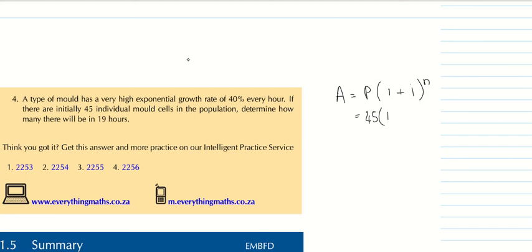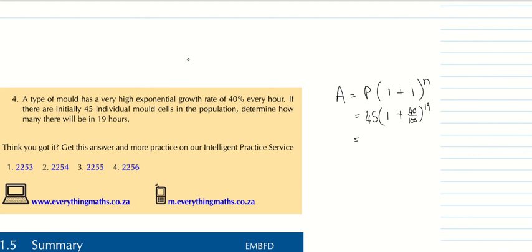So it's 1 plus i, and i will be 40 over 100, so that's 0.4, to the power of n, and that will be our 19. So simple substitution: 40% every hour, initially 45 mold cells in the population.